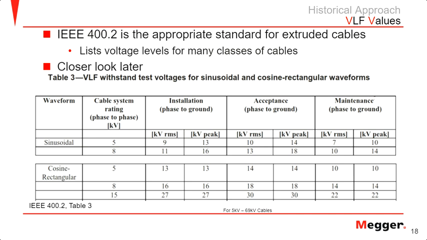This is only a partial snapshot of the table because it covers from 5 kV all the way up to 69 kV cables. So it does tell you what voltage you should use for your VLF test if you're running either acceptance, installation, or maintenance. It also tells you about cosine rectangular waveforms, which we'll discuss a little bit later in this presentation as well.